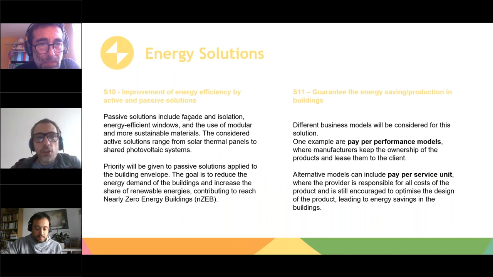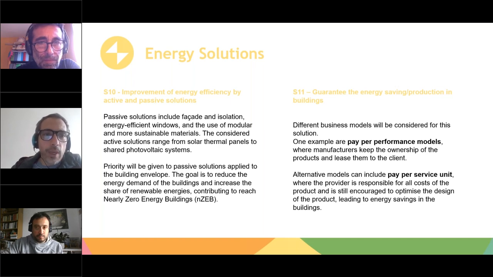These solutions are numbered from 1 to 11. The energy-related one that we are talking about here is S10, the improvement of energy efficiency by active and passive solutions.